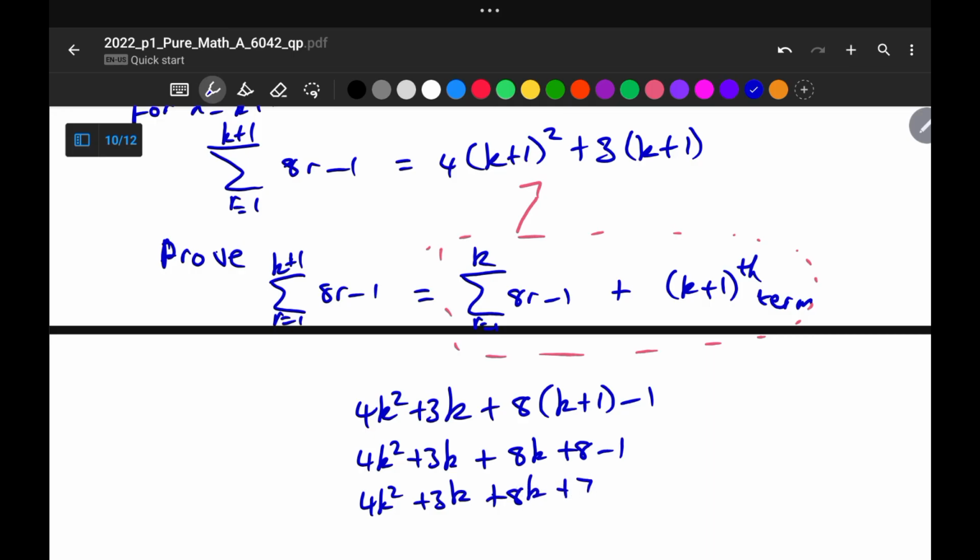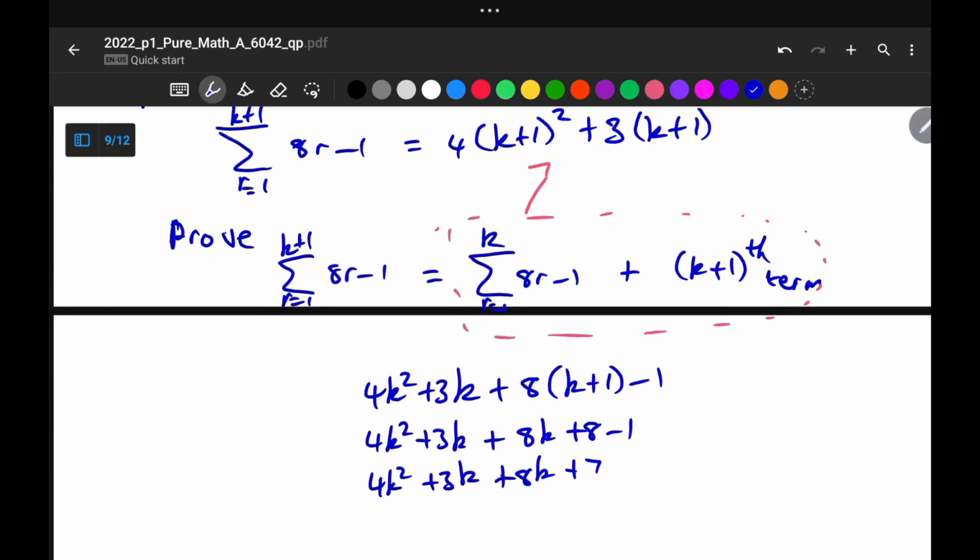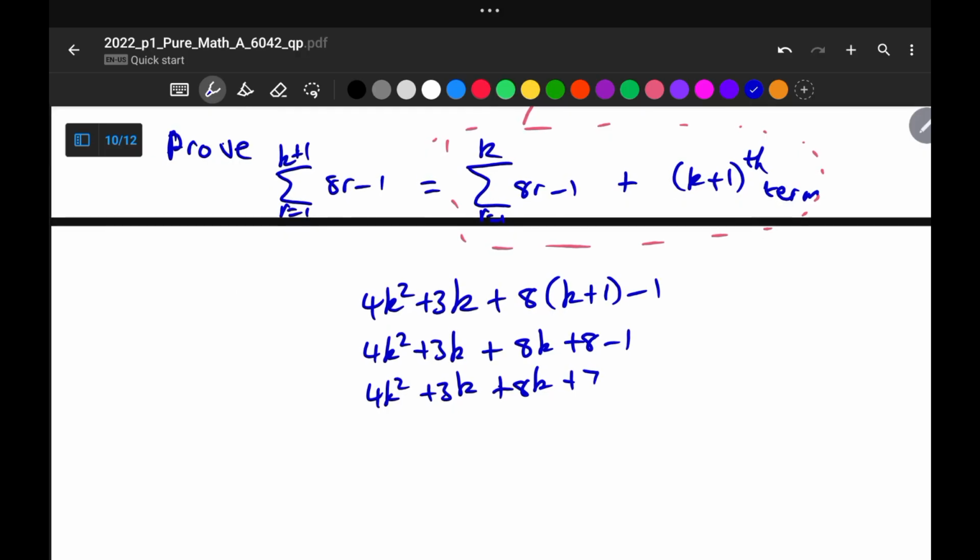Okay, so we want to show that this can be expressed in this form: 4 a factor of k plus 1 squared plus 3 a factor of k plus 1. To show this, we are going to adjust our 7 and write it as 3 plus 4.